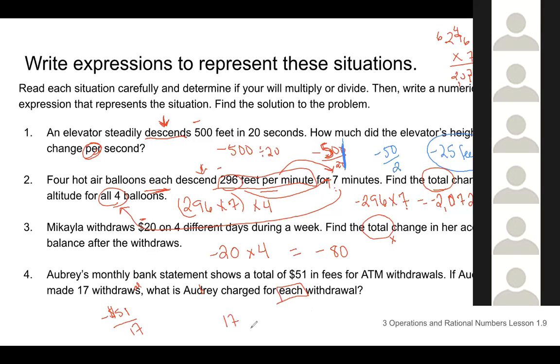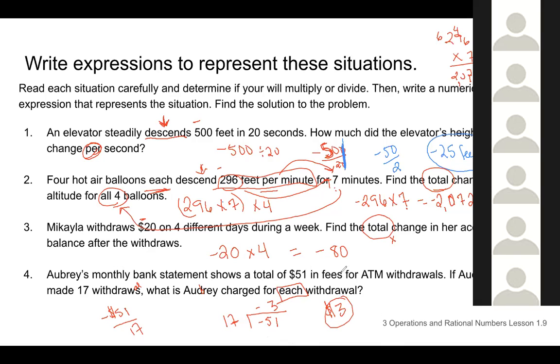How many times does 17 go into 51? 3 times. So he is charged $3 for every withdrawal.